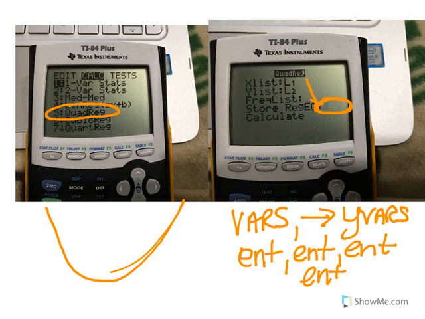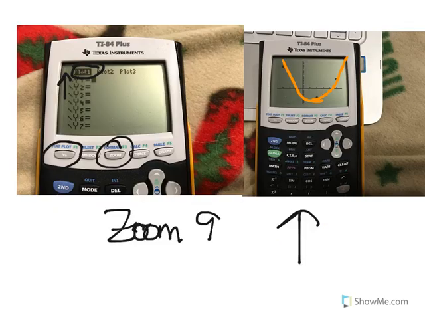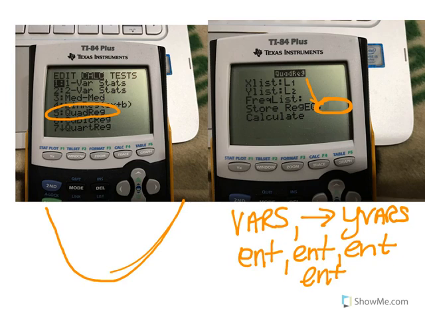So let's just quickly review how we do that. We do stat and then edit. Make sure your plot has been turned on. We use zoom 9 to see that the points appear to be quadratic. They're going down and then back up. And then to get the equation, we did stat, calculate.